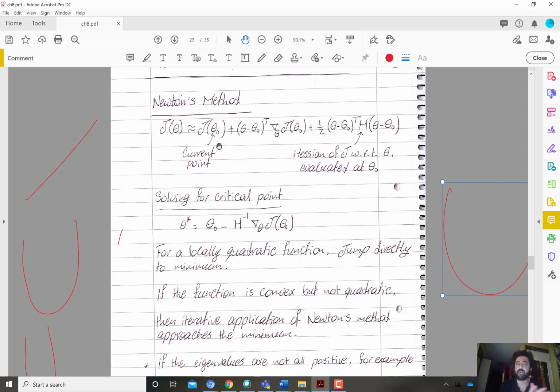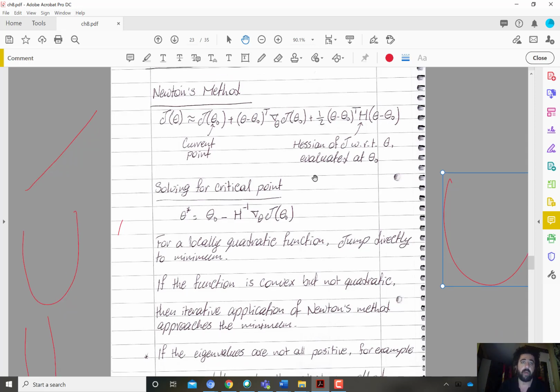It will be equal to J of theta 0 plus the first order term given by theta minus theta 0 multiplied by the gradient, plus the second order term, which has a quadratic term in theta minus theta 0 times the Hessian, right? Now if I set the gradient of J of theta of this approximation equal to 0 and solve for the critical point where the gradient is 0, then I get this point right here, theta star equals theta 0 minus H inverse times the gradient.